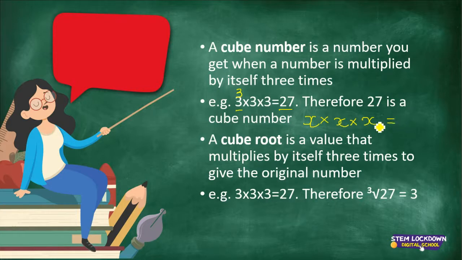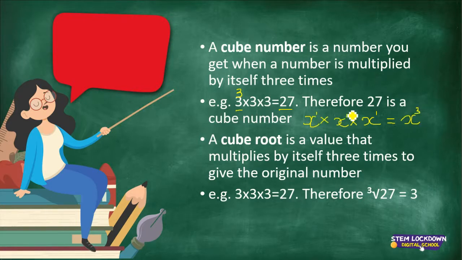Remember, when you are multiplying the same bases, the powers must add. So the power is 1 plus 1 plus 1, so the answer will be x to the power 3.